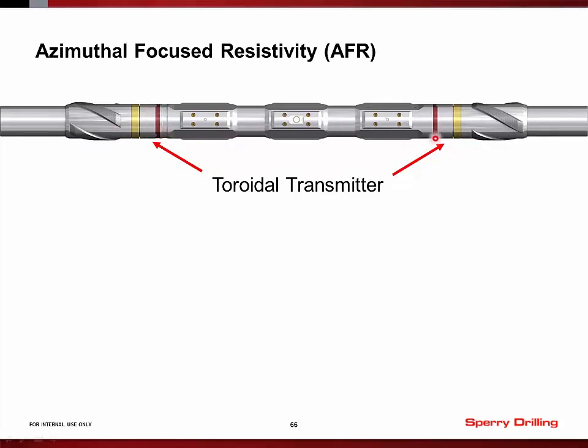By having two transmitters and a symmetrical arrangement of receivers or button electrodes in the middle, what that gives you is a compensated design. You remember I was talking about compensation for the other resistivity tools, the M5 and the ADR? Well, the AFR also uses compensation, although the actual mechanism that's being used is different.